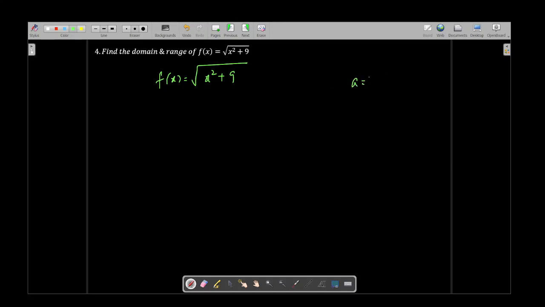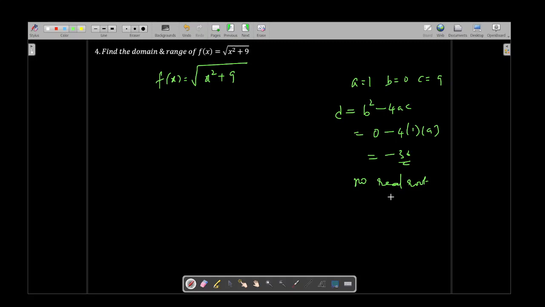So a is 1, b is 0, c is 9, b square minus 4ac, the discriminant is 0 minus 4 into 1 into 9, which is minus 36. So no real root exists. It means you can put any value of x, we won't get a negative value here.